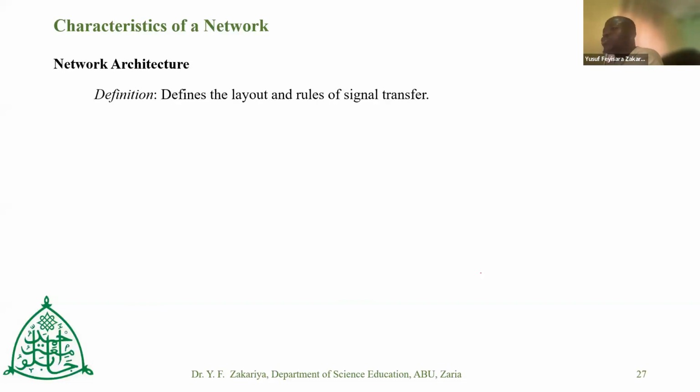So we also have network architecture, and this has to do with the way the computers are arranged or laid out in your network to define the layout and the rules of signal transfer. We can have some classifications like peer-to-peer architecture or client-server architecture. Client-server is where there is a single server that is connected to everybody.